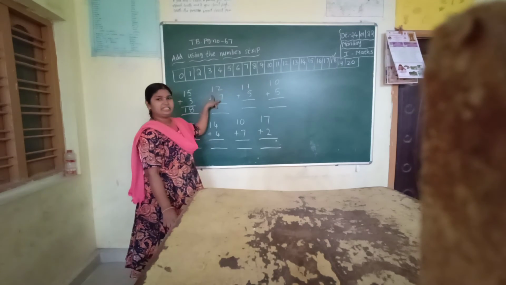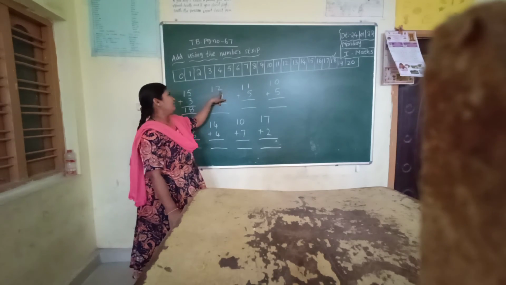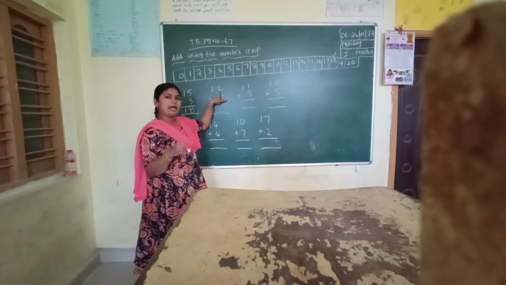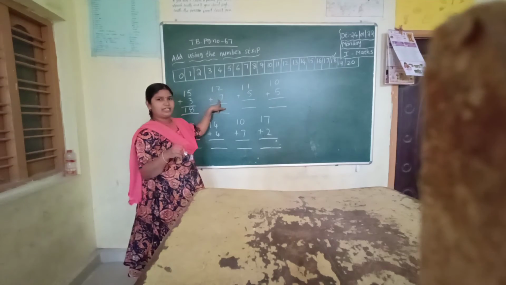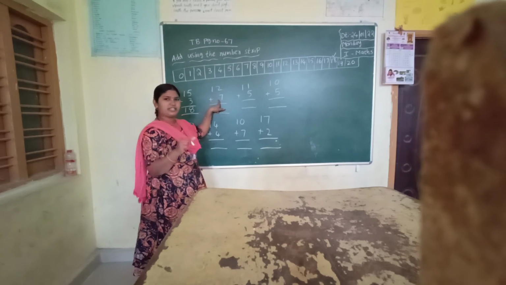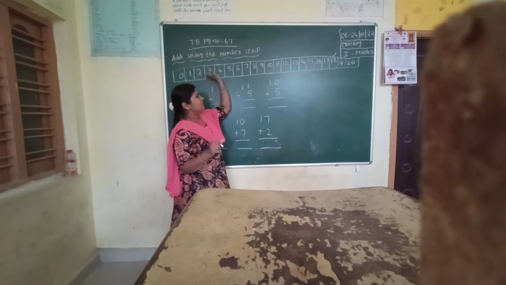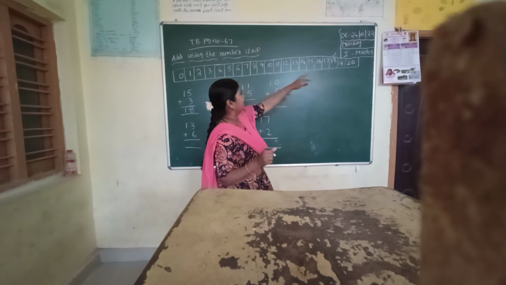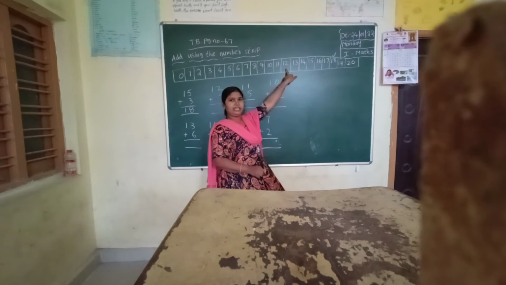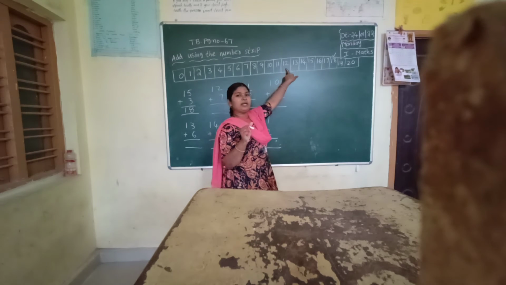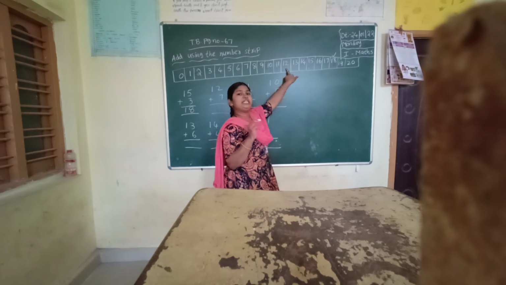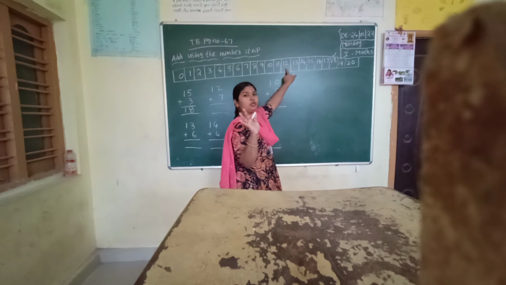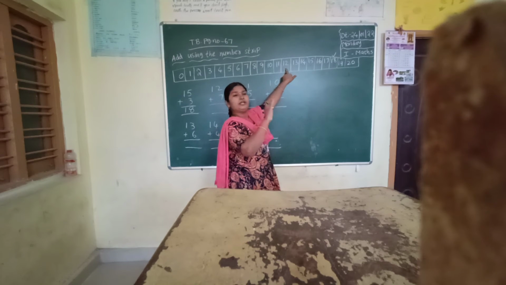What number have they given? 12. For this 12, which number do you have to add? 7. You have to add 7 to 12. See where the 12 is in the number strip. Here it is. For this 12 you have to add 7 numbers. Means after 12, don't count the number 12.